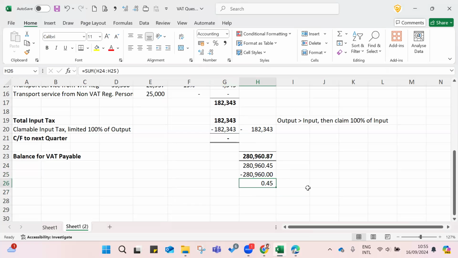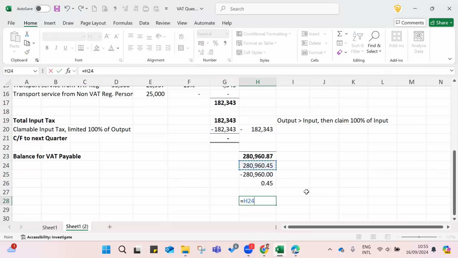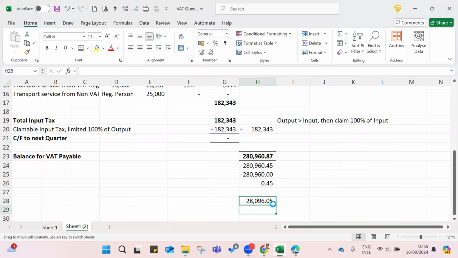This. Then IRD will impose a penalty, let's say 10% of the tax payable on default tax of 45 cents. Therefore, make sure always that even if there is 1 cent, you add 1 rupee.